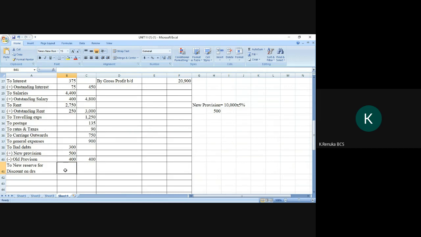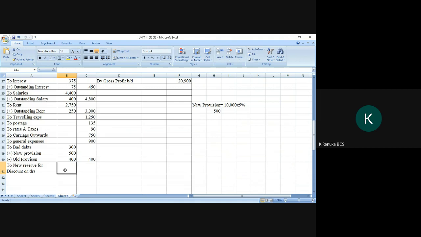So what you have to do is calculate on the debtors value, that is 10,000 into 2.5 percentage.